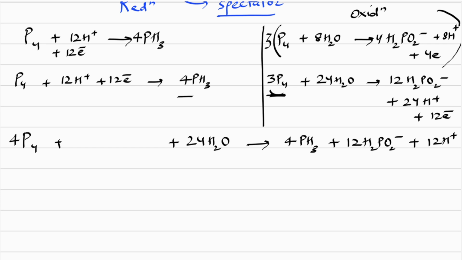Now let's simplify it further. We can take 4 as common. So that makes the reaction P4 plus 6 water, giving you PH3 plus 3 H2PO2 minus plus 3 H plus.